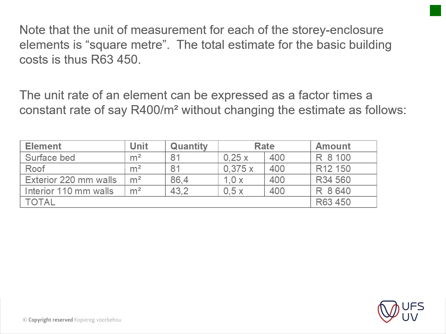So the 400 that they got was basically taking a factor. If the exterior walls have a factor of 1 and its given rate was 400, then one can calculate what the factors should be for the other elements to get to the rates that we need.